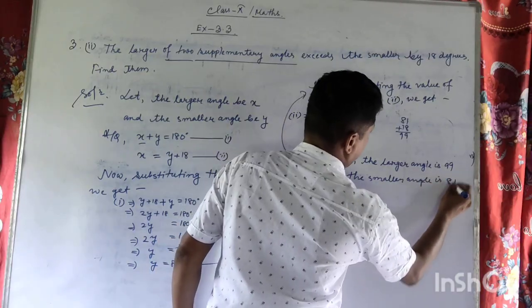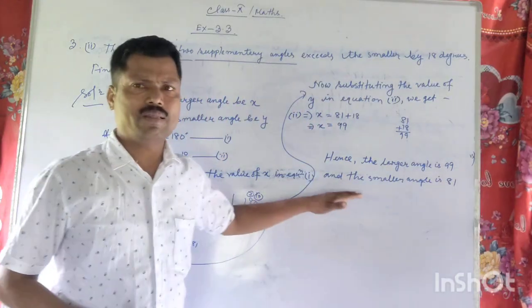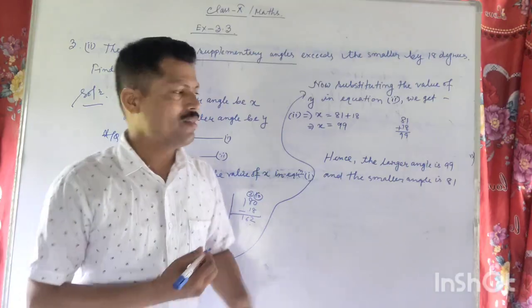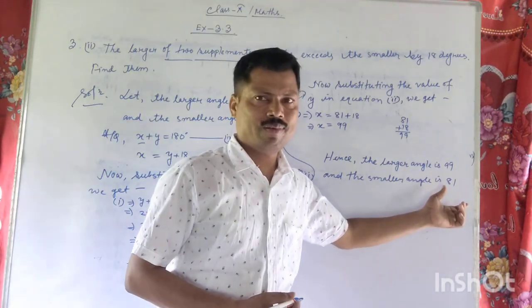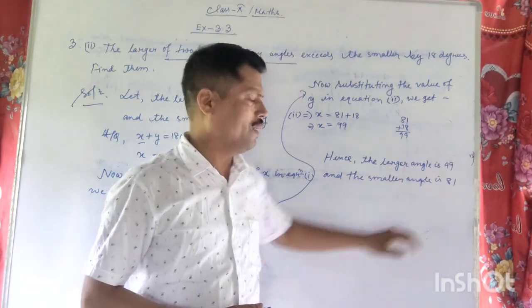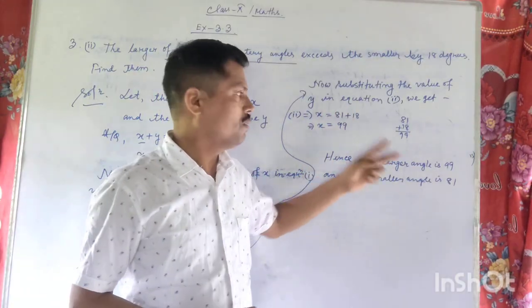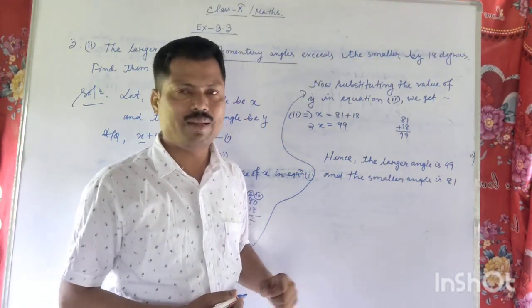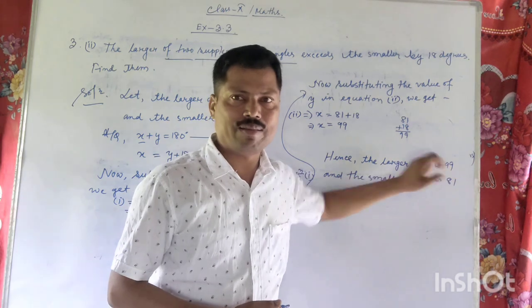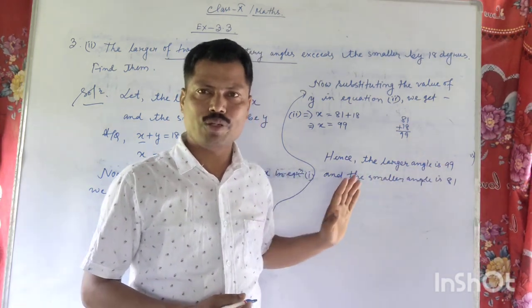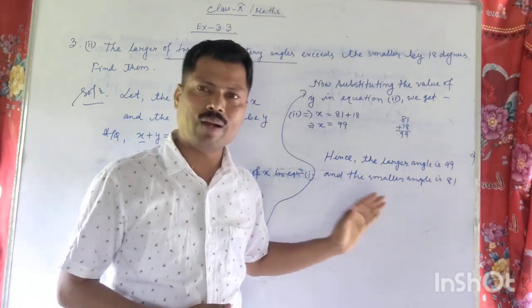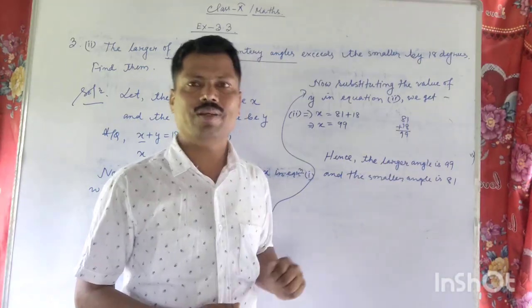Whether this sum is correct or incorrect, we just have to prove this also. There is one larger angle and another one is smaller angle, but the condition is this, they are supplementary. Then if we add this 99 plus 81, if we are getting 180 degree, that means our sum is correct.